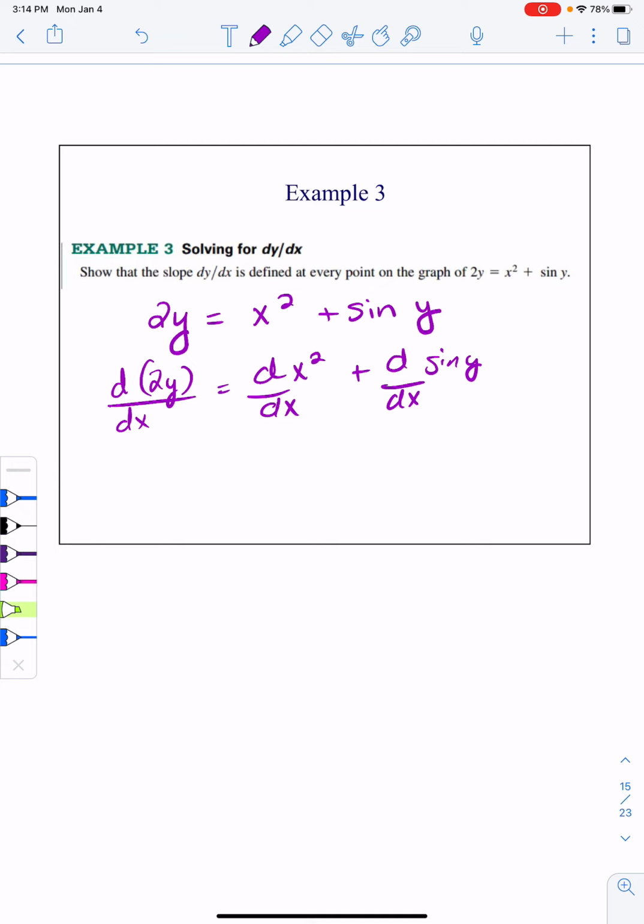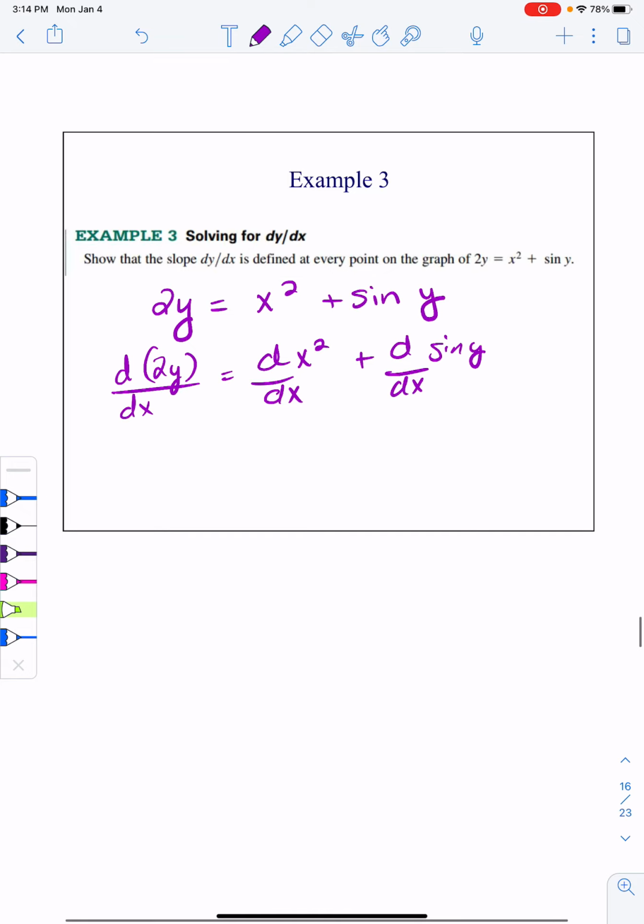And so you'll notice the first term is a y term, so we're applying that derivative with respect to x. So we're going to have to go, well, it's just 2, but then we have to remember we're applying dy/dx to it. And then we're going to do that same thing with this.